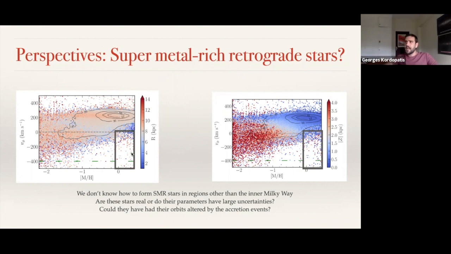So these stars are noise among all of the other things, but I think the devil is hidden in the details, and this is something that's worth pursuing and investigating in simulations. And also, this has not been investigated because chemical information in simulations is something that is relatively recent also.